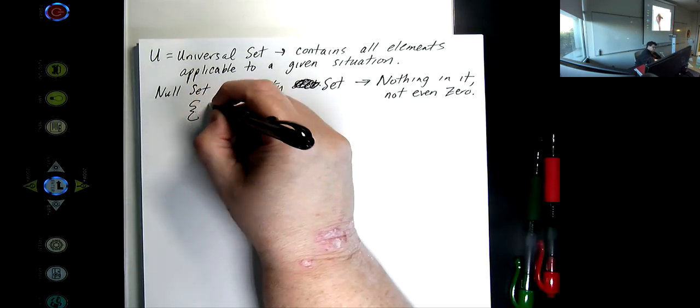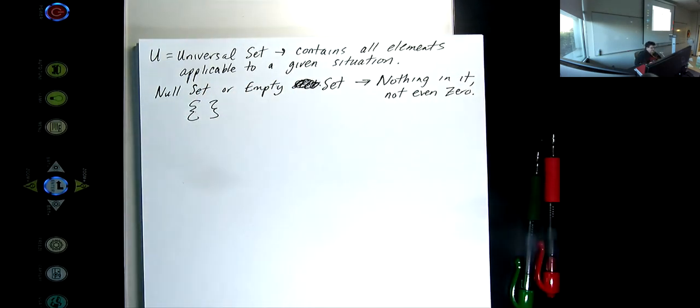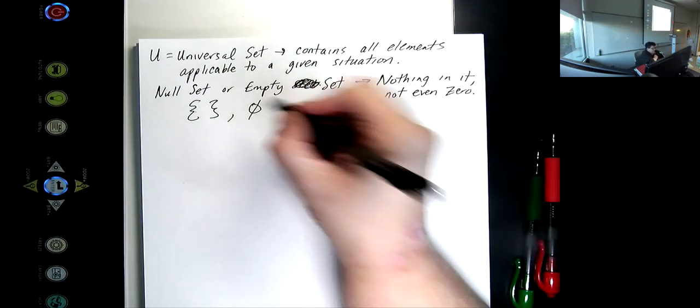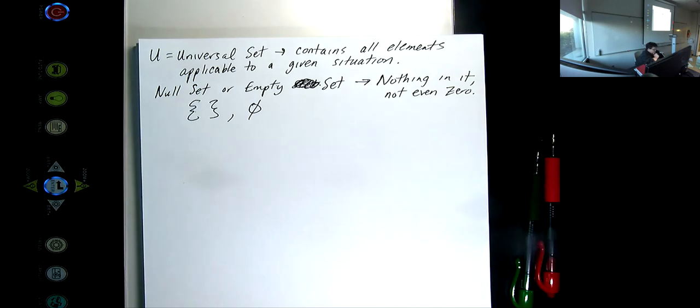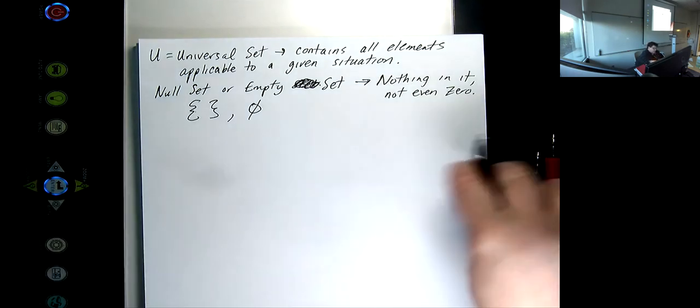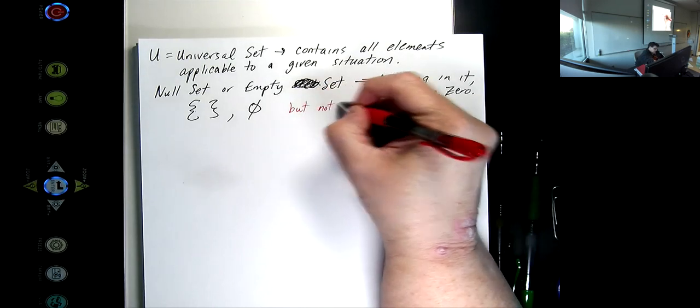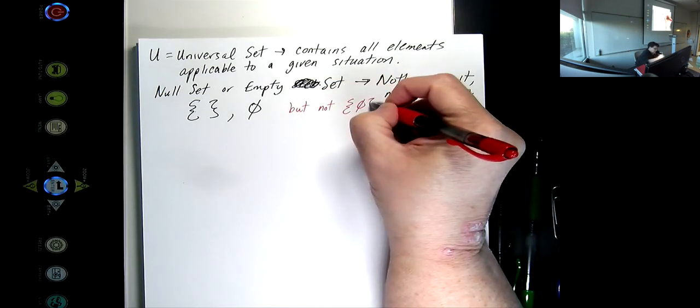It's just a set of empty braces. Now you can write it as that, or you can write it as that. Those are two valid ways of showing the null set or empty set. But don't do this. Don't put one in the other.